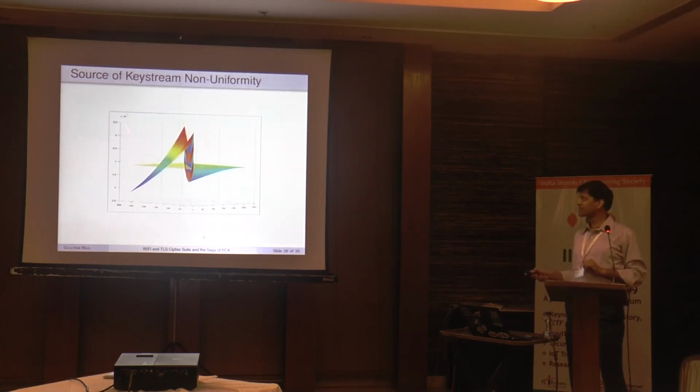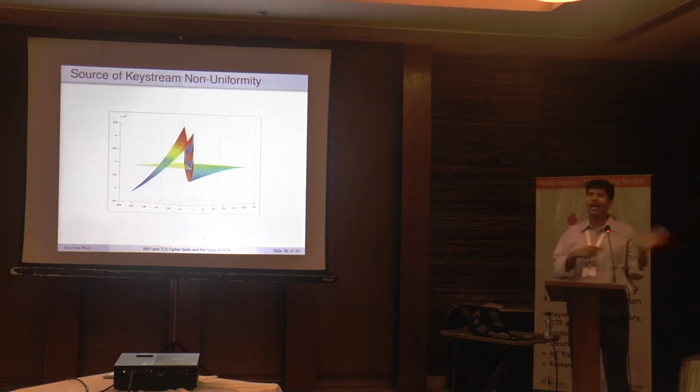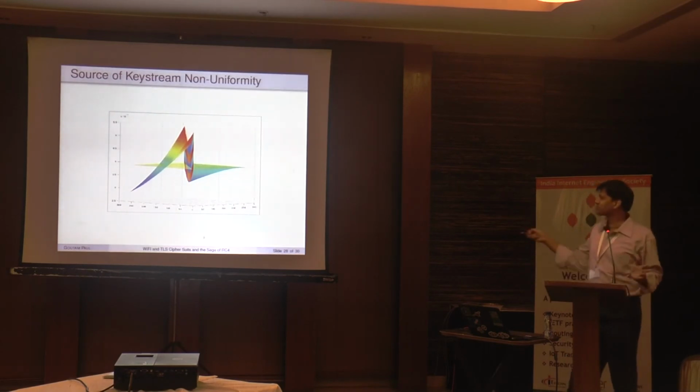Ideally that should be uniform, 1 by n, which is this flat plane shown here. So for all possible indices and all possible values, for all i and all j, the 256 squared pairs ij, it should be this flat.